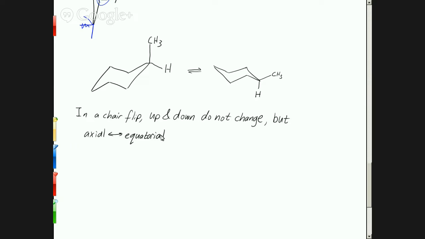Now, much like when we looked at the ethane or butane conformations, we can talk about these as being more or less stable. Anybody have an idea of which one of these would be more or less stable and why? One of these conformations is more stable than the other. Which one do you think it is?